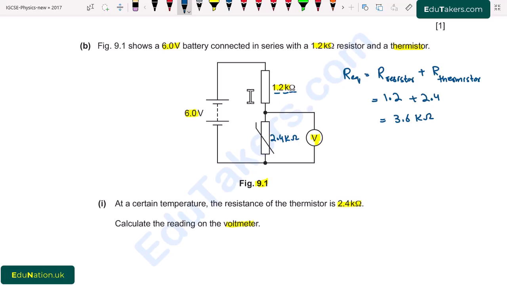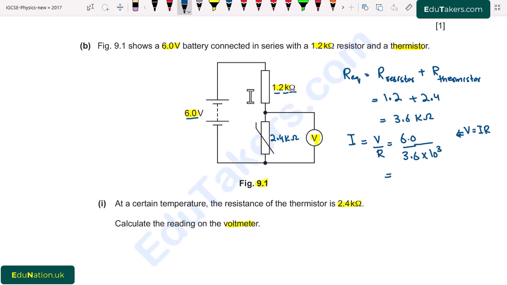Next we have to find out the value of current that is passing through the whole circuit. So the current will be equal to, according to Ohm's law, that is V is equal to IR, and from here, I will be equal to V over R. V is given, that is 6.0 volt, and R we already calculated is 3.6 into 10 to the power 3 ohms.